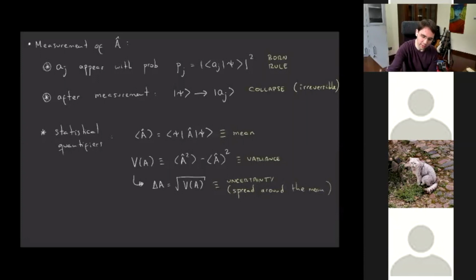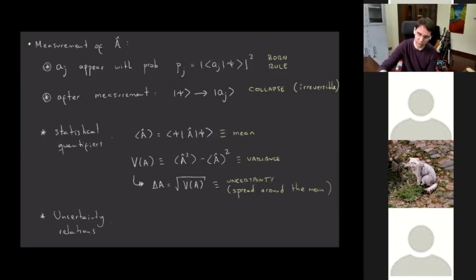Okay, and once we have defined this, I can give you one consequence of quantum mechanics, which is known as the uncertainty relations.